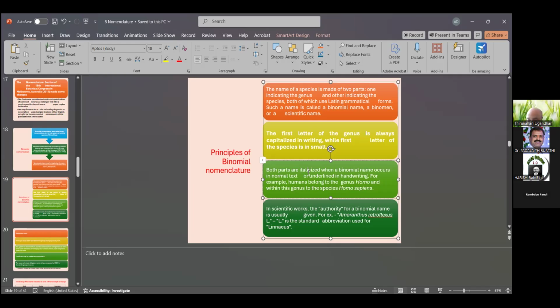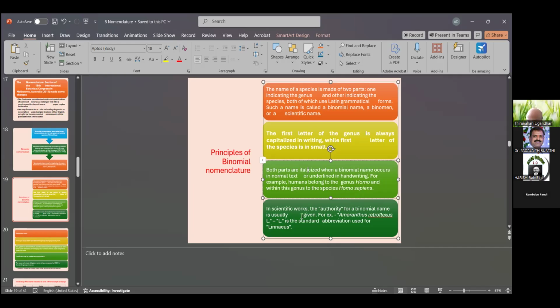Both parts are underlined when typing is not italicized, and in handwriting the normal text is underlined. For example, humans belong to the genus Homo, and within this genus is Homo sapiens. Homo means capital H, sapiens means small s. This is the correct botanical name, and when typed it is italicized.